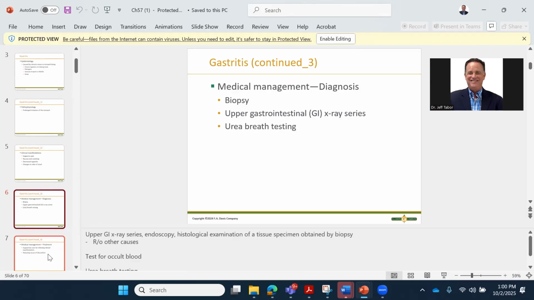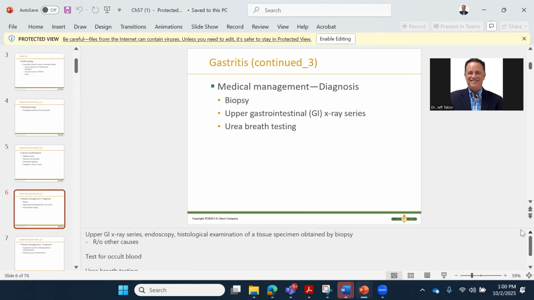So the medical management of gastritis is going to include diagnostic procedures such as a biopsy, upper GI X-ray series, and urea breath testing. Now, the urea breath testing is specific for the detection of H. pylori.